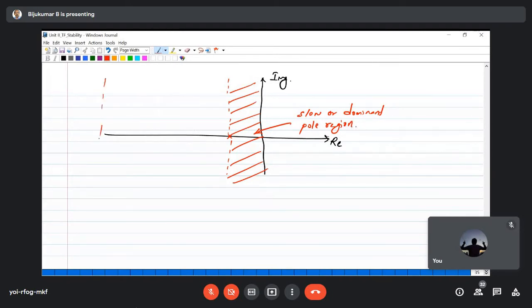And I will take some other location which is far away from the origin. I can call this the fast or insignificant pole region. Insignificant.